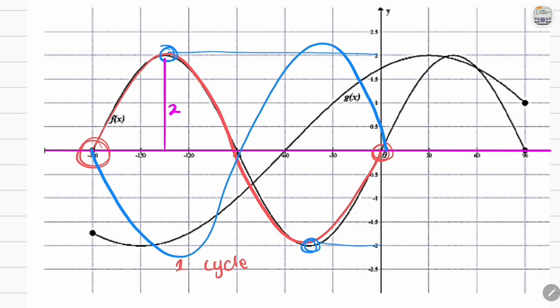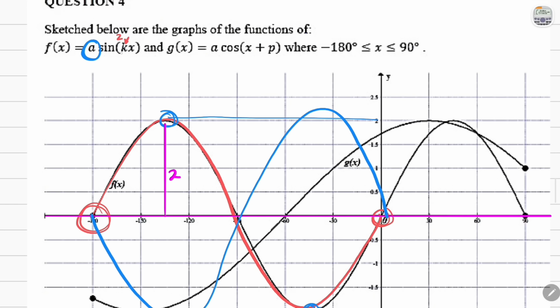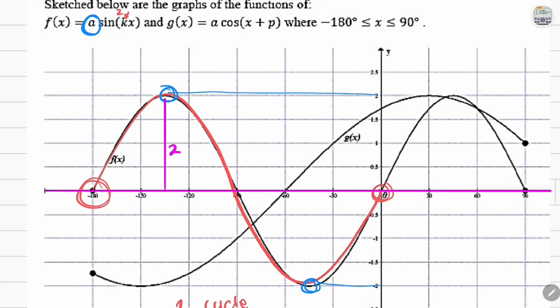If it looked like that, that means they multiplied by a negative value in front of this sine kx. In this case, they didn't multiply by a negative value. It's clearly positive. And so we know now, because of that amplitude, it is indeed positive 2. So the value of a is 2. And yeah, that would also mean the value of A here is also 2. But we can still verify that.